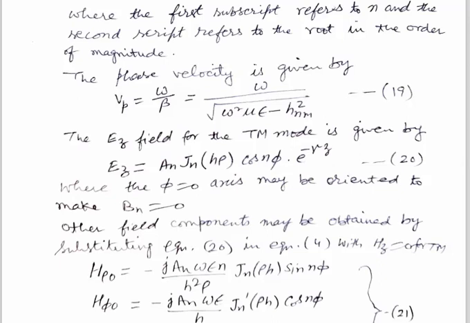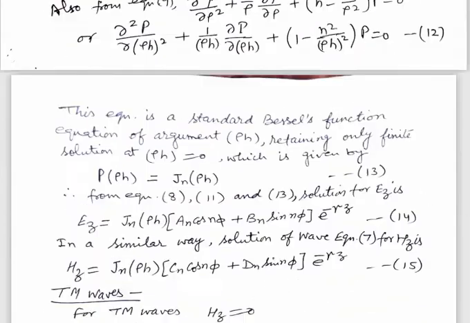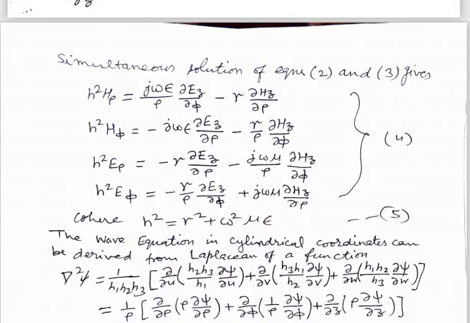Now the other field components can be obtained by substituting the value of Ez from equation number 20 into equation number 4, as earlier we have shown in equation number 4.